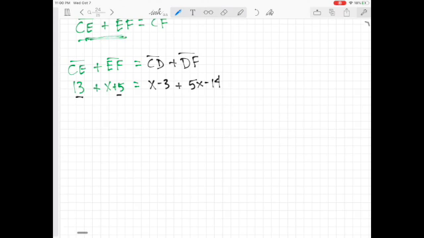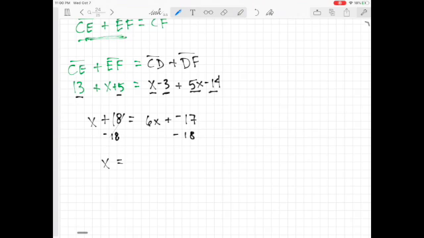So I've got 13 plus 5, that's x plus 18, equals, I've got x plus 5x, that's 6x, and negative 3 plus negative 14 equals negative 17. Then I'm going to subtract 18 from both sides.